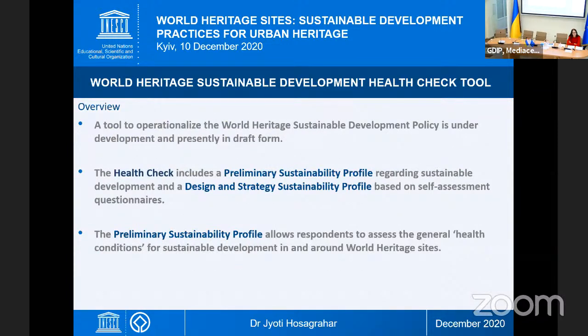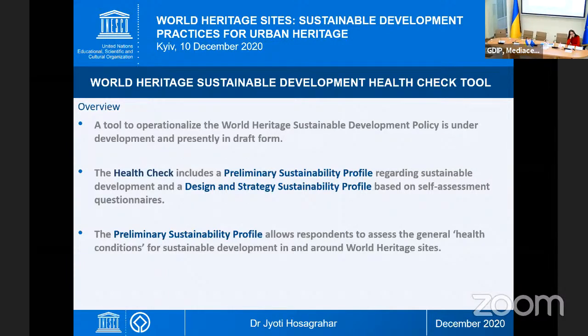Now, I want to give you a very quick overview, and this is the last thing I want to do, of a tool that we've been developing, which is the Sustainable Development Health Check. The idea of this tool is to operationalize the World Heritage Sustainable Development Policy, and it is under development and presently in a draft form. This health check offers a preliminary sustainability profile regarding sustainable development and a design and strategy sustainability profile based on a self-assessment questionnaire.